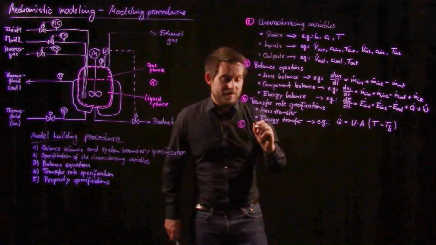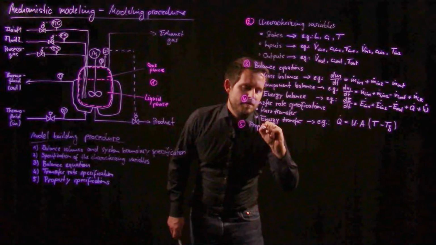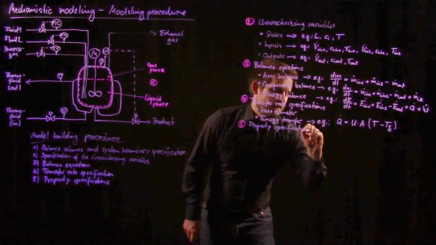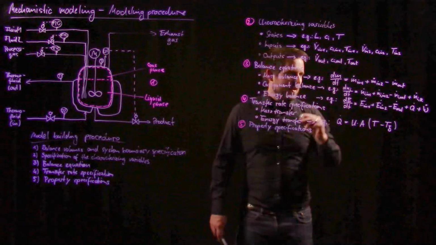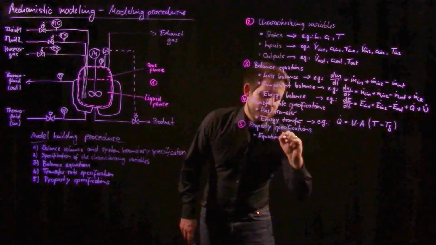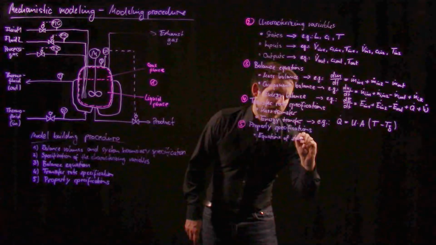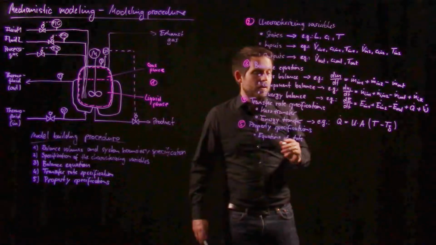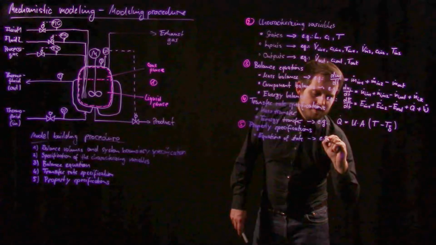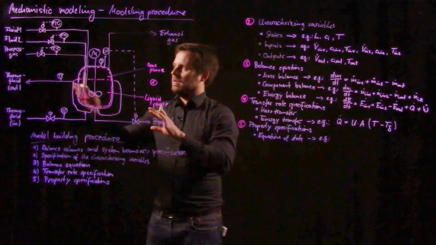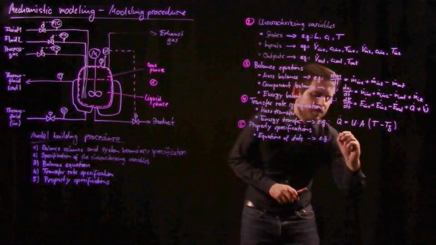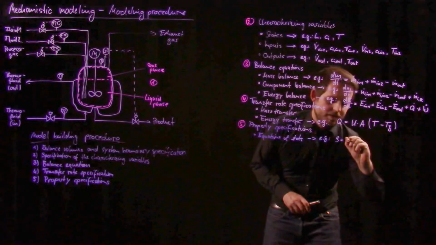And these property specifications could be like equations of state, like the ideal gas equation for example, or maybe also something as simple as saying, okay, this is a system where we have a dilution to an extent so that we can assume our density is just constant.